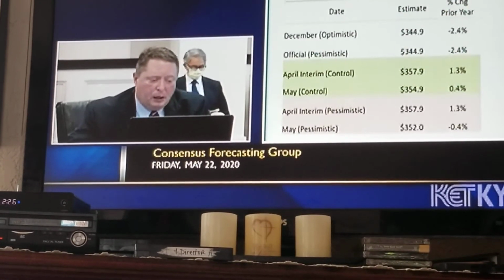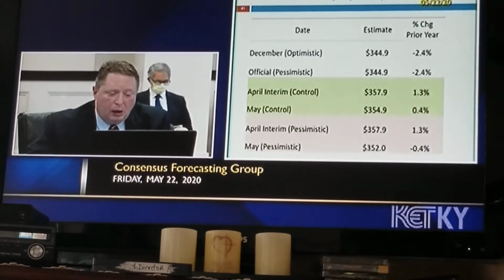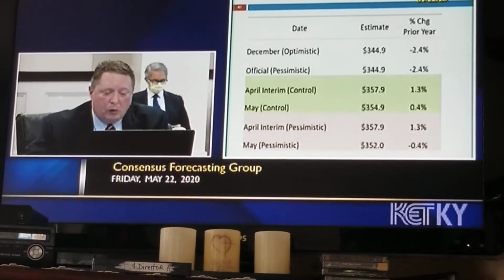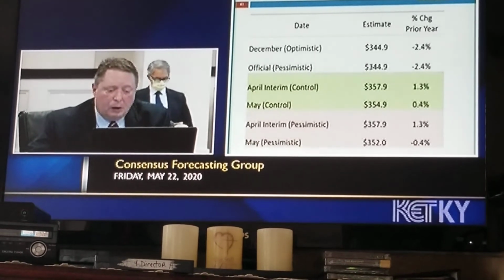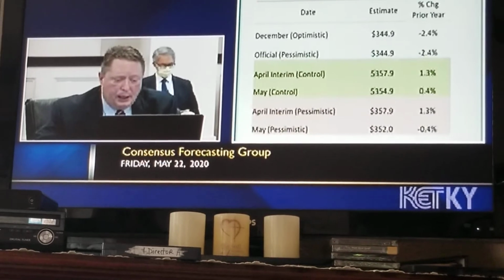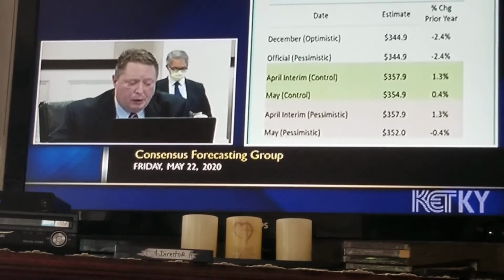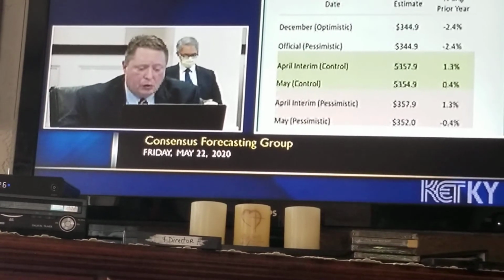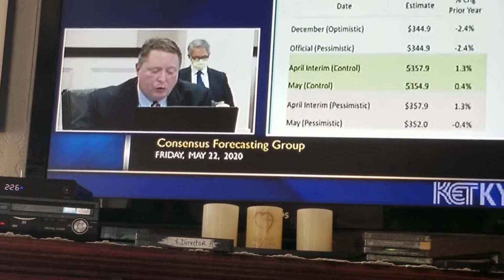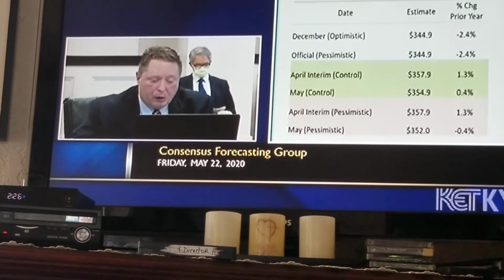If you look at the estimates we did in December, we estimated 344.9 million, or a 2.4% drop from the prior year. And the April interim is not important. The May control we said was 340 is going to be 354.9, or right around flat, 0.4% growth.